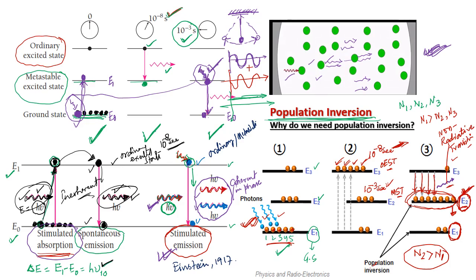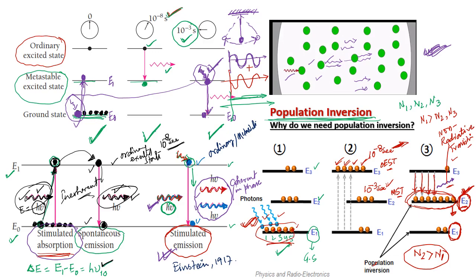There are a number of ways to produce the population inversion. One of them is called optical pumping. In optical pumping, an external light source is used, and some of those photons have the right frequency to raise the ground state atoms to the excited state.